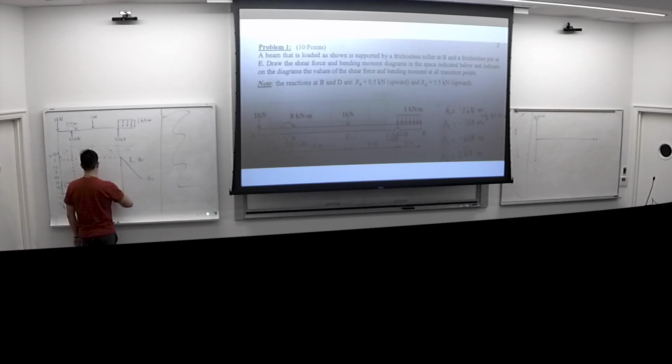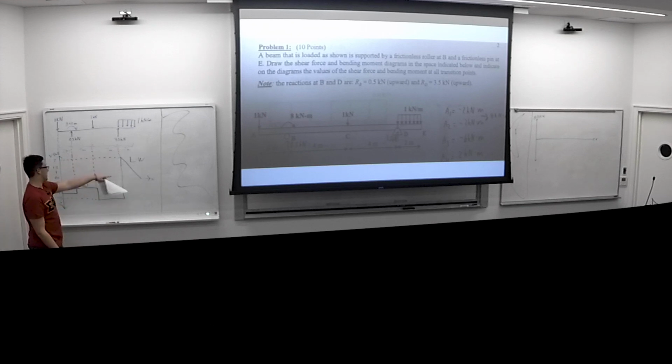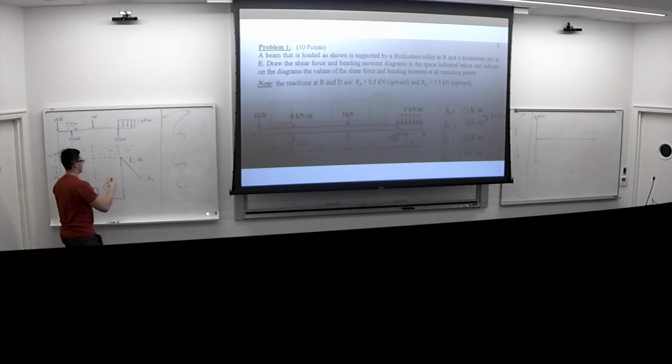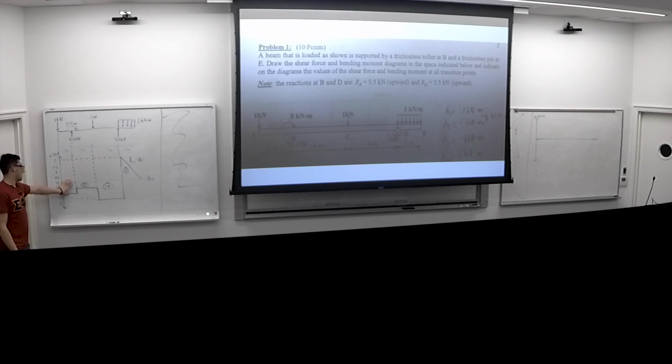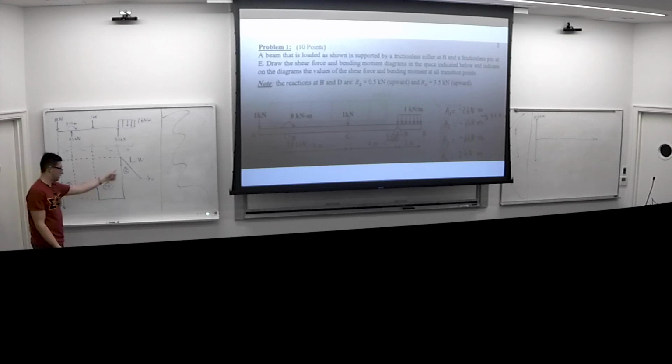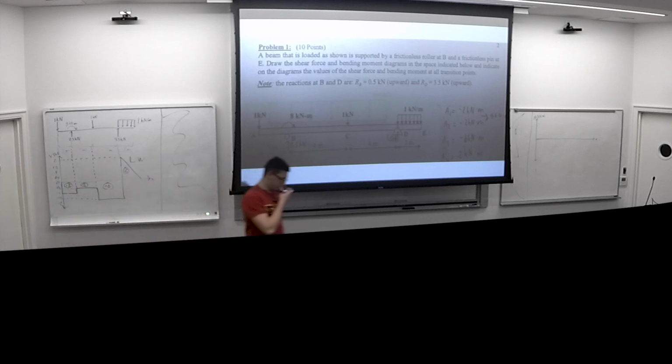Sorry, can't do math. 1.5. Yeah, okay, cool. And the area under this part of the curve is 2 meters times 2 kilonewtons cut in half. This is +2. So these are your areas, and since we multiplied, these correspond to kilonewton meters. That's the unit for all of these.